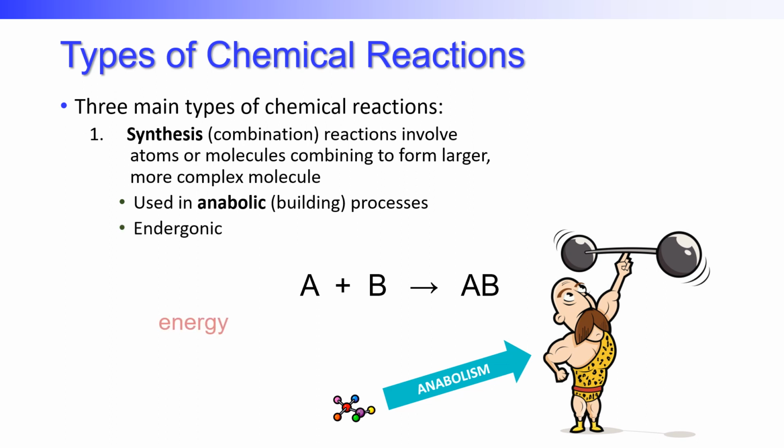We have to put a little energy into these in order to get what we want. And in the body, the types of reactions that we see typically with a synthesis reaction are going to be what we call a dehydration synthesis. Well, what is that? Well, let's have a look.